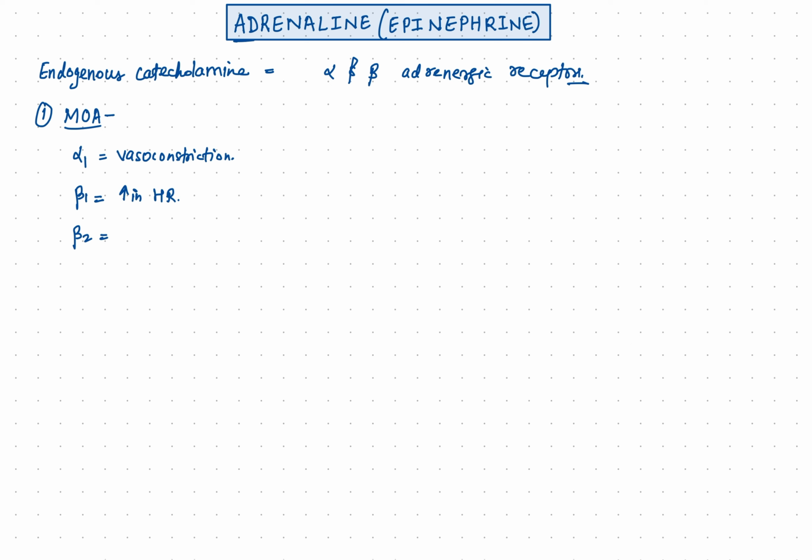And on acting on beta 2, it will cause vasodilation, and it can also cause bronchodilation. These are very important effects of adrenaline.